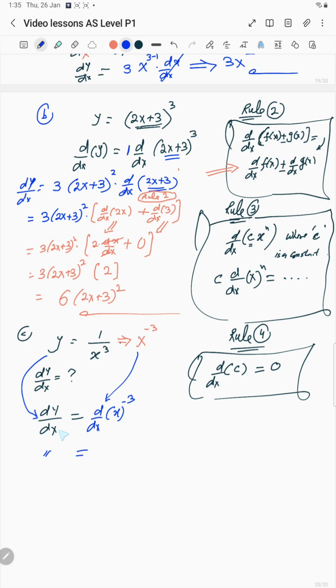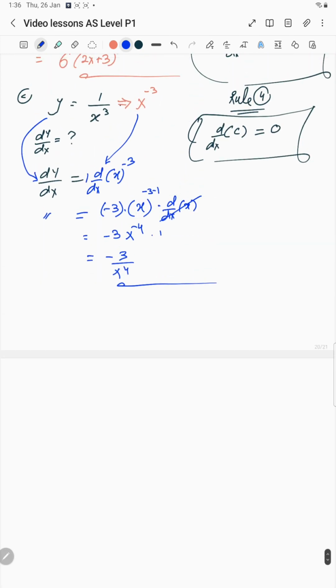This is the question dy by dx we are looking for. What is the coefficient of the function? 1. So 3 times... minus 3 is minus 3. We will write the function and make 1 less from it, minus 3 minus 1, and the third step says differentiate the function. Minus 3 x power minus 4, this goes, it's 1, right? So I can write minus 3 by x to the 4 is my final answer.